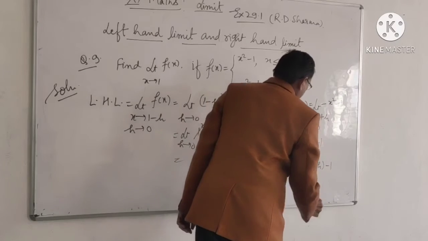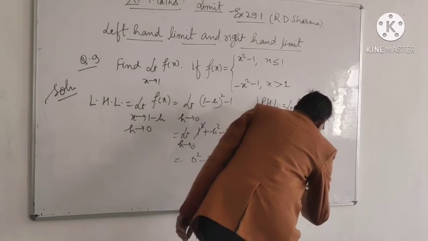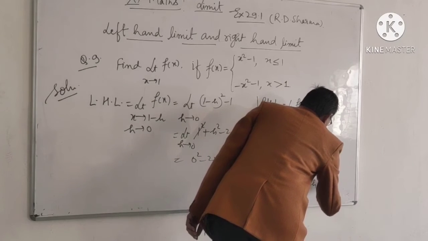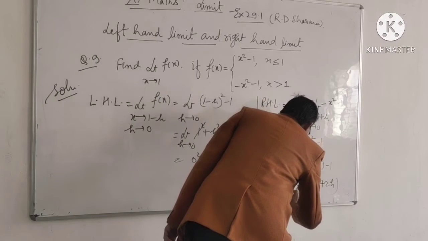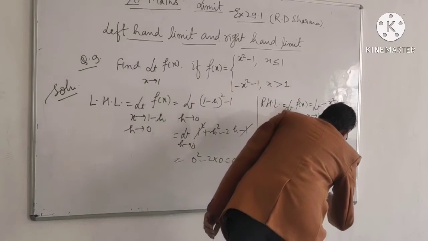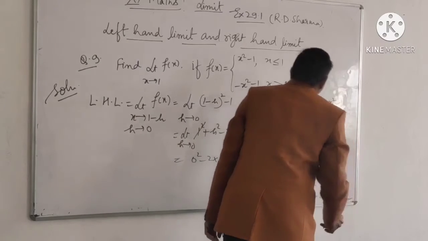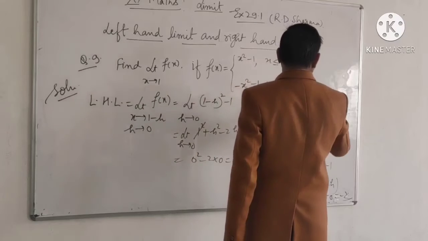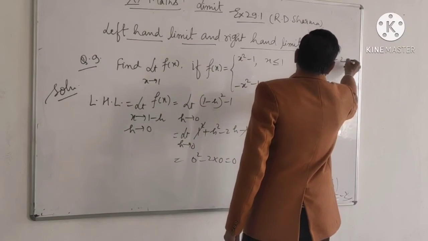Since there is minus 2 minus h square plus 2h, then putting h equal to 0, it is minus 2 plus 0, which will be minus 2. So right hand limit is equal to minus 2.